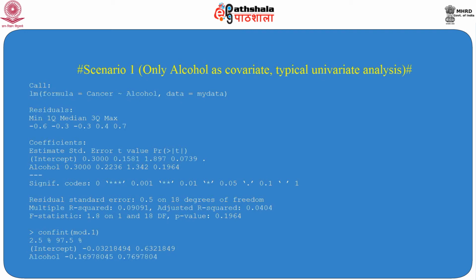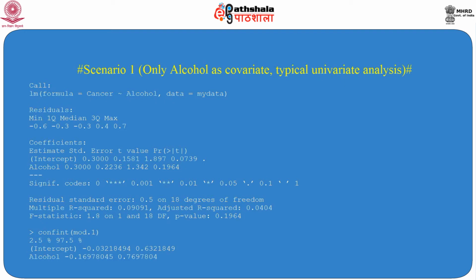So it states that there is no significant relation between alcohol and cancer. However, this point estimate is positive. The regression estimate for alcohol is positive, so we can say alcohol takers have a more positive pattern for cancer, but this pattern is not significant.